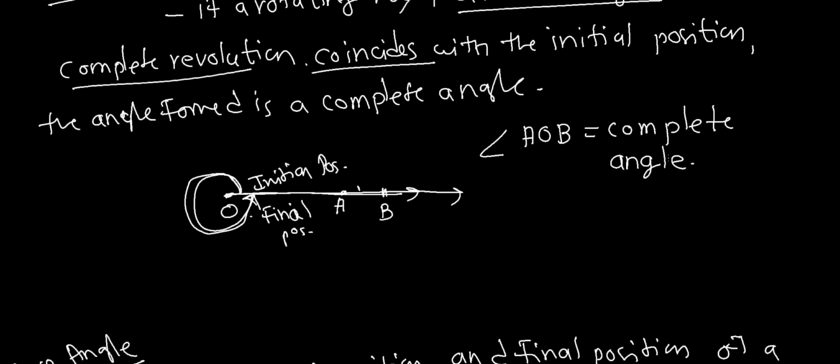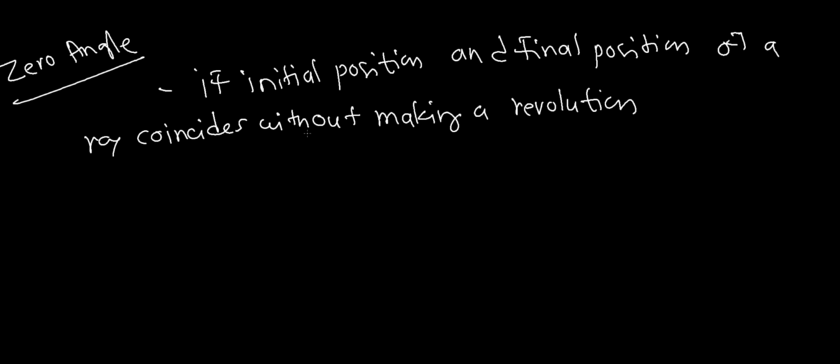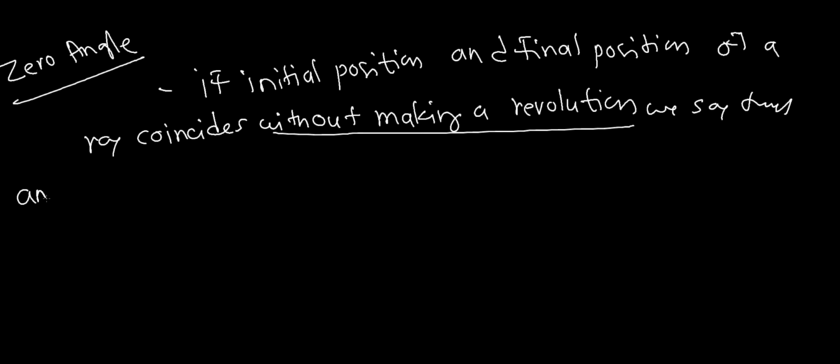In complete angle we make the revolution, and here what we are saying, without making a revolution, the angle formed is zero angle.